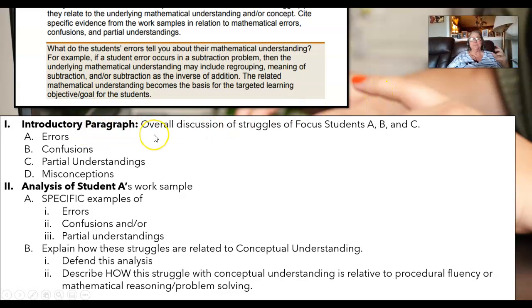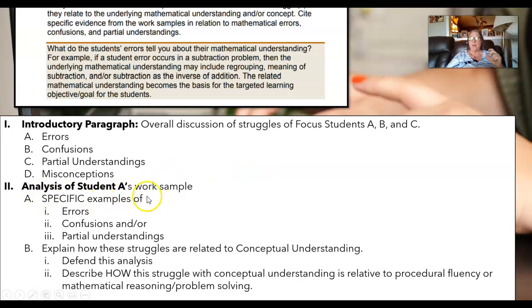Introductory paragraph. So it's good to just start out with talking about the overall discussion of the struggle, because you did get here by identifying a common struggle or two in the whole class analysis. So we're focusing on student A, B, and C. You're just going to write a generalized paragraph about the errors, confusions, partial understandings, or misconceptions that you saw in the work of these focus students.